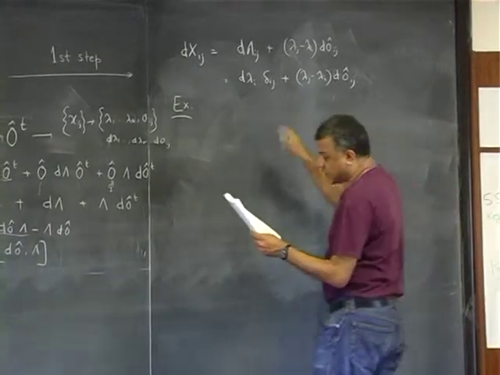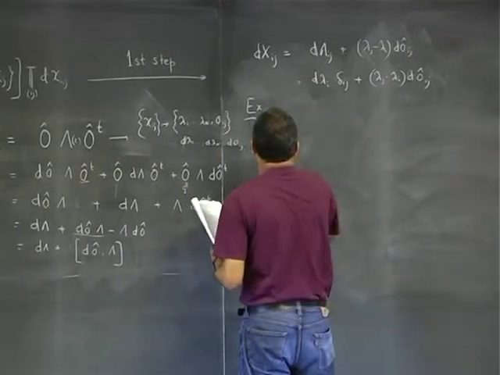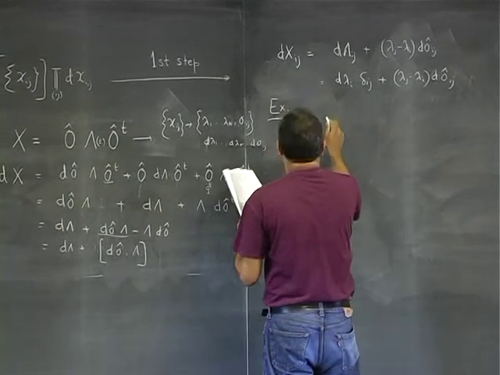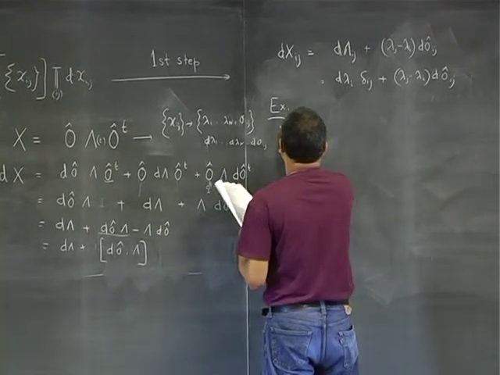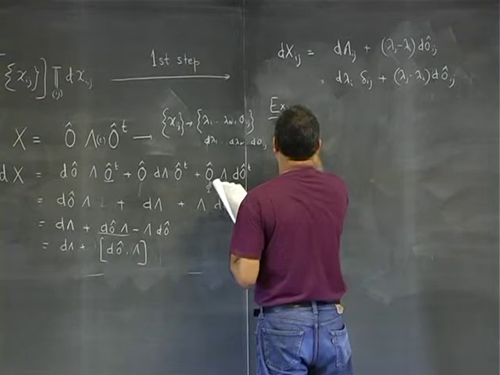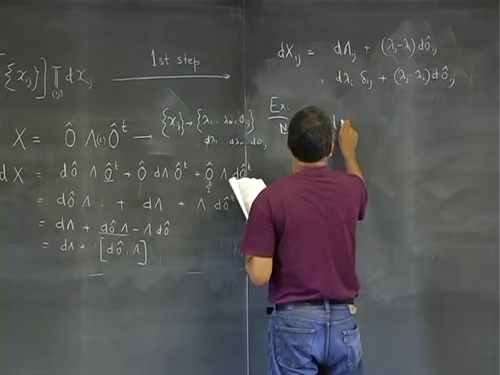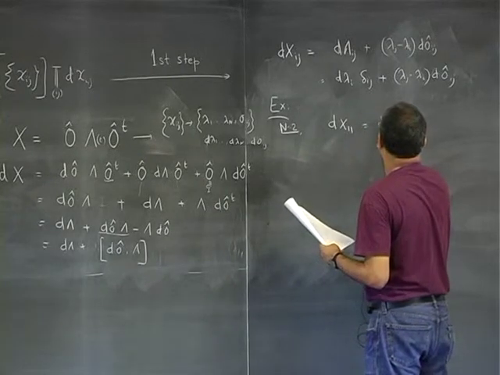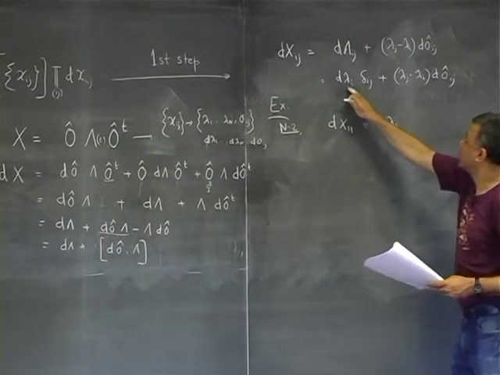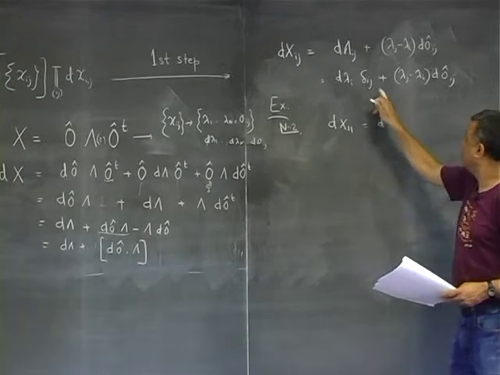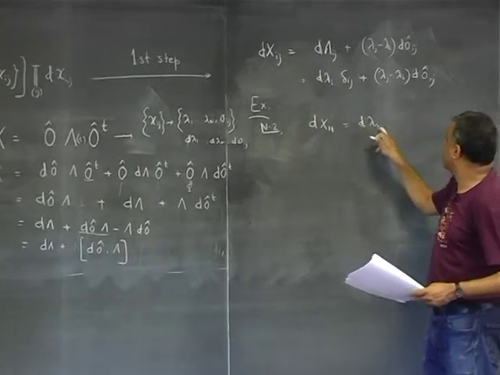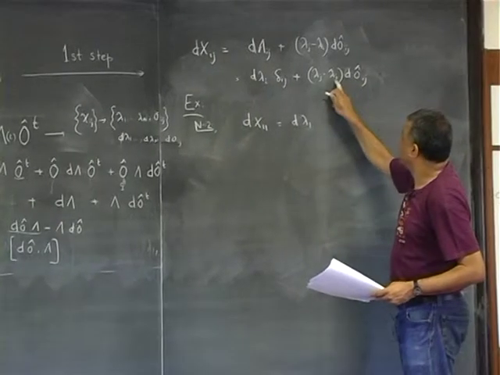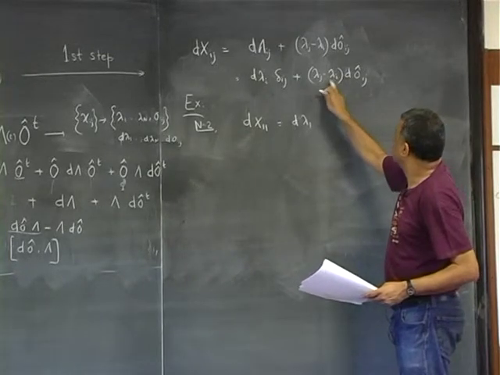Okay, so we have this, and once we have that, let's look at an example of what it means. Suppose again I take the n equal to 2 example. So n equal to 2 means dx11 is d lambda 1, because I put i equal to j equal to 1, and when i equals j, these guys vanish.